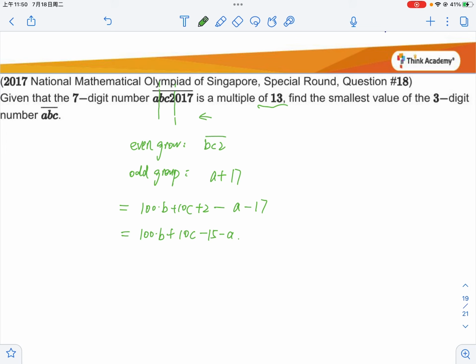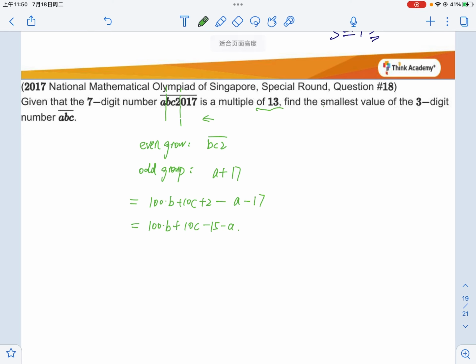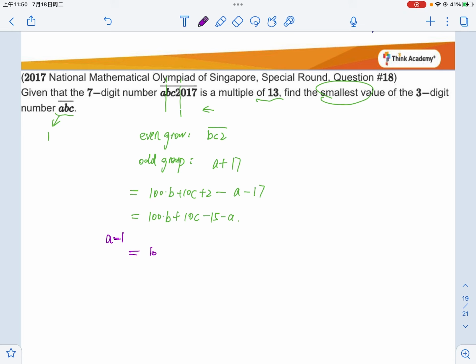Right? Then we want to find the smallest value. If we want the smallest 3-digit number, A should be 1. So we can assume A equals 1 because we want the 3-digit number ABC as small as possible. It becomes 100 times B plus 10C minus 16.